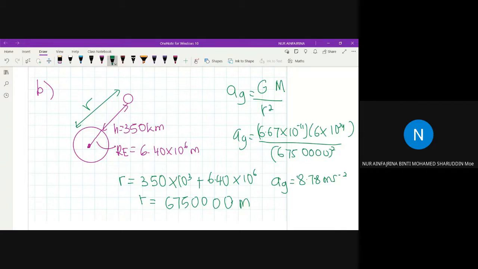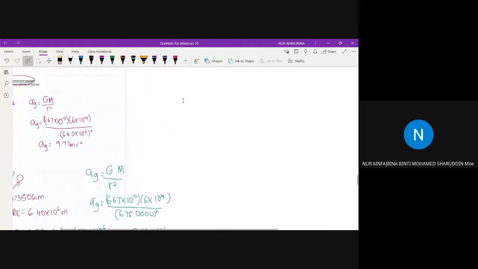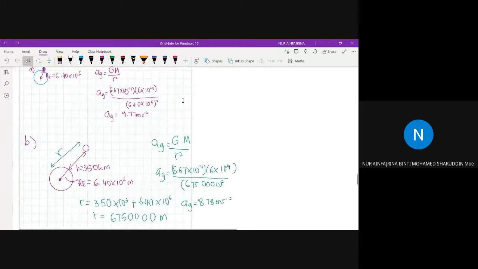Okay, after you are done with example 4, boleh try example 5 ya. Okay, Miss tunjuk example 4. So this is example 4. Alia okay?